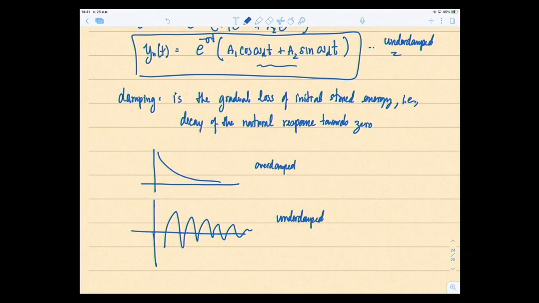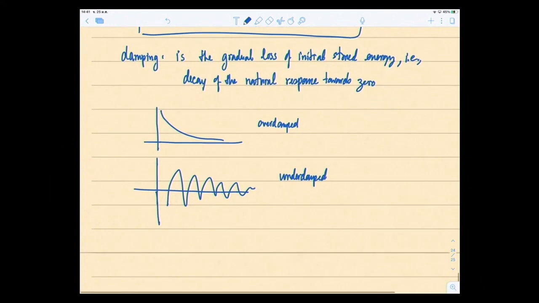Critically damped is like a mix between overdamped and underdamped. It could spike up and then reduce down later on, for example.